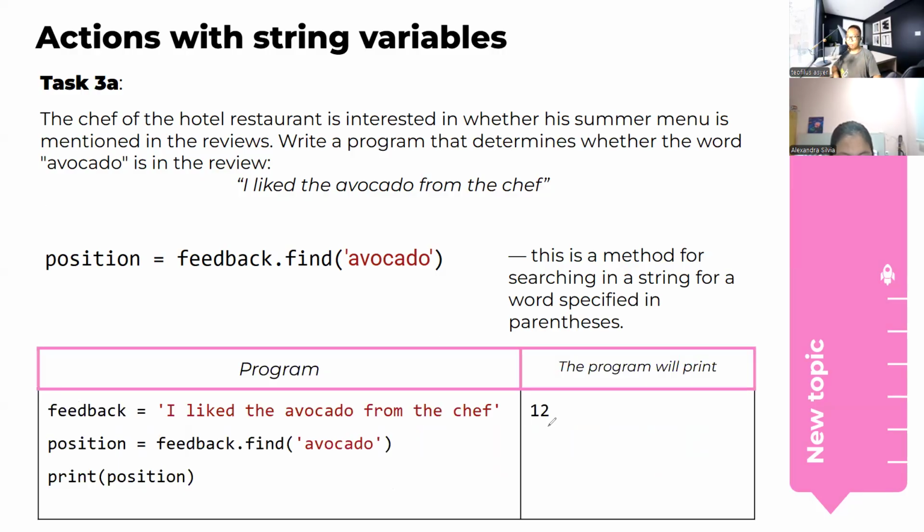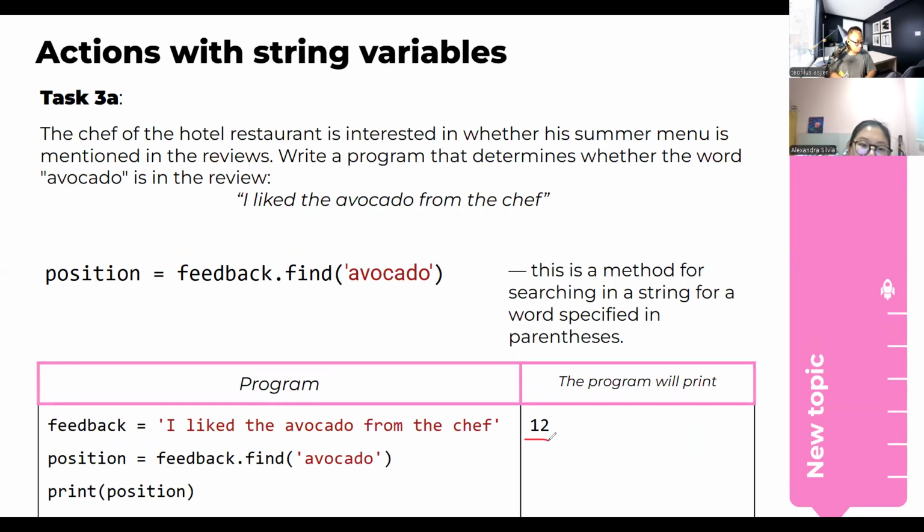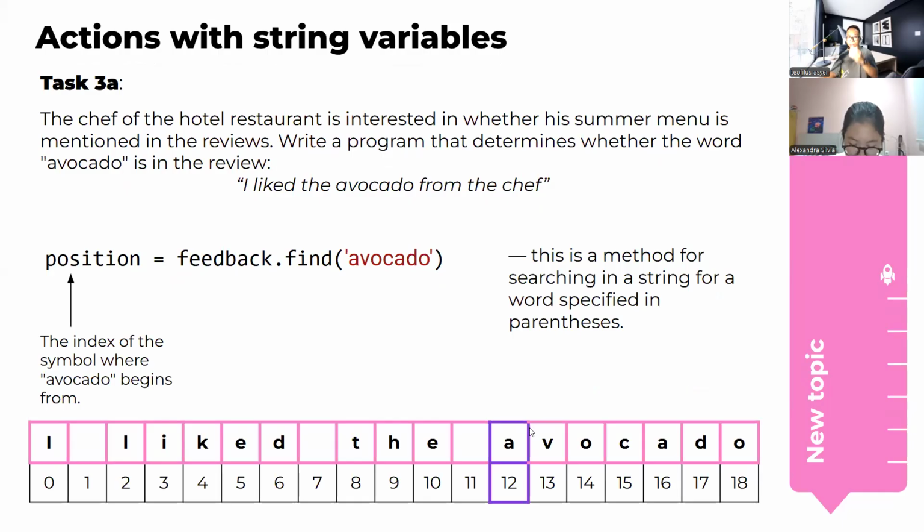Do you know what is the meaning of this? Is it the start index of the word? Yeah, the A? So basically, the meaning of this is the start index of the word. It stands for the A of avocado. Okay.